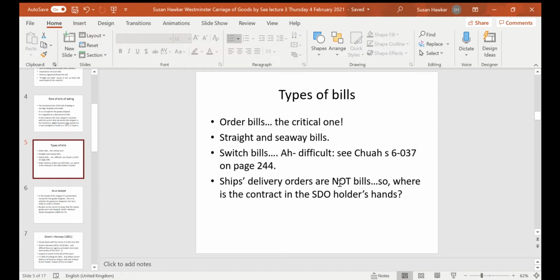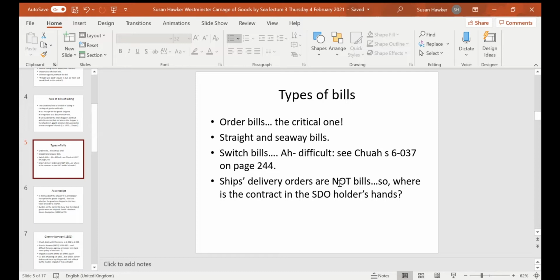And in actual fact, since this case I've mentioned, the Rafaela S., they're all pretty much of a muchness in terms of carriers' liabilities, because the House of Lords agreed with the Court of Appeal in this case that they all came under mandatory application of the Hague and Hague-Visby rules. And so they're all much of a muchness. But ship's delivery orders are not caught by mandatory application of the Hague or Hague-Visby rules.